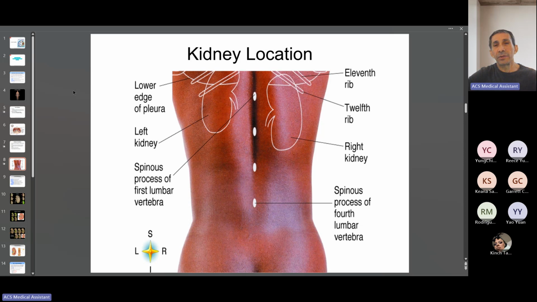So we saw this already. We know already that we have two kidneys, one on the right, one on the left. Usually the right kidney is lower than the left. That's normal. Just for you to know. Remember, you can see the image right here.